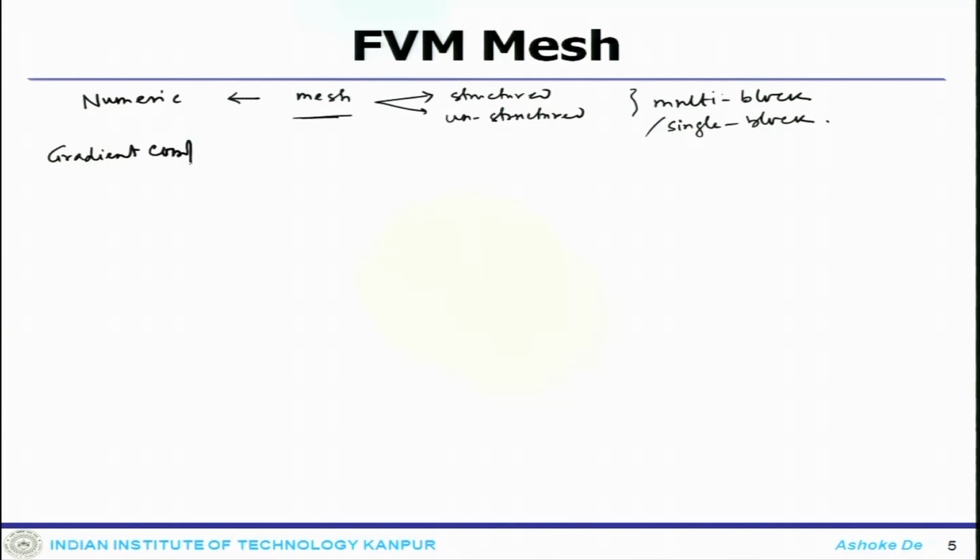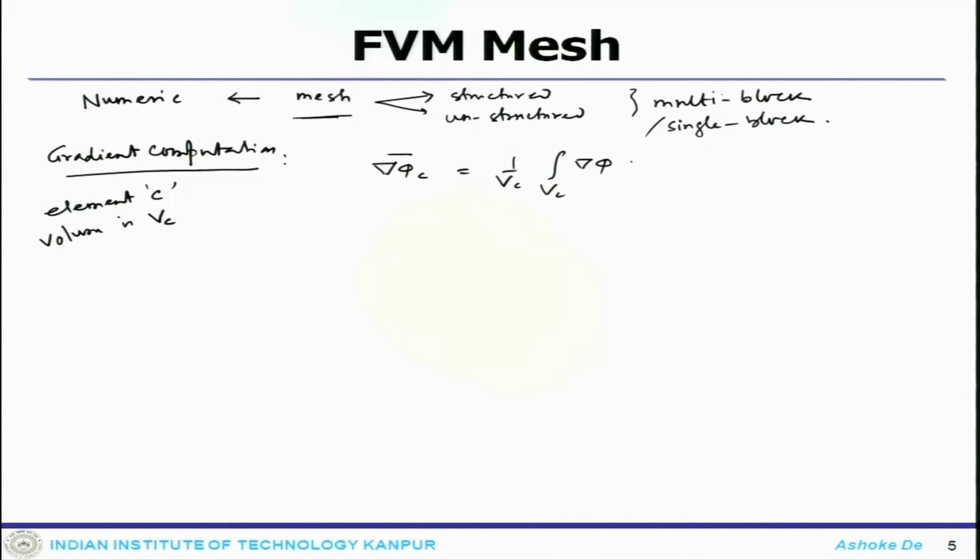Gradient computation you can look at like this: for a given system, using the Green-Gauss theorem, for a particular element C, where the volume of the element is V_C, you calculate the gradient like that.